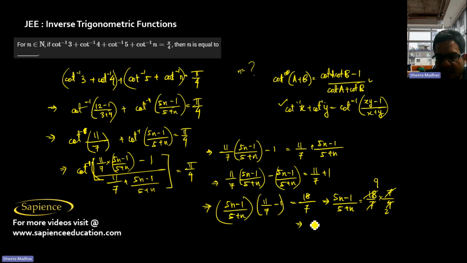So therefore 5n minus 1 into 2 is equal to 9 into 5 plus n.